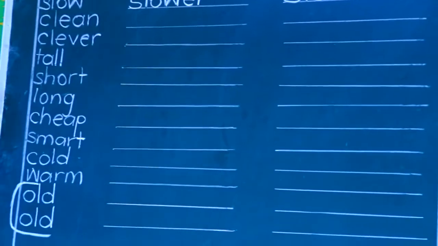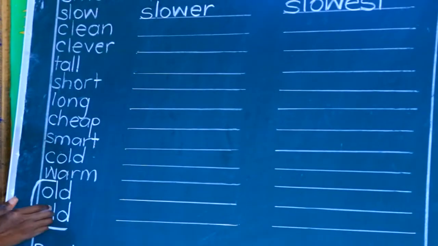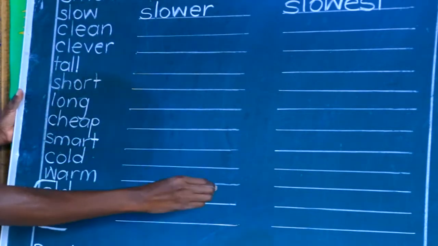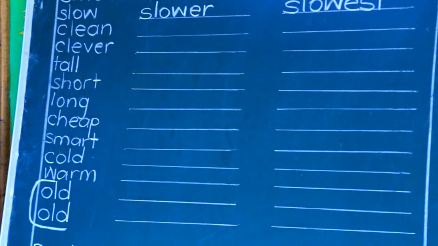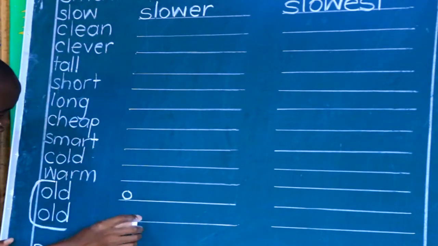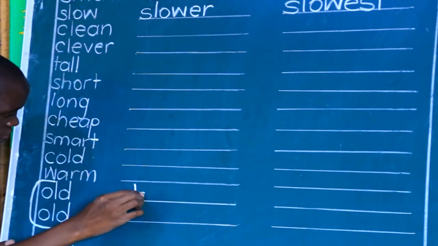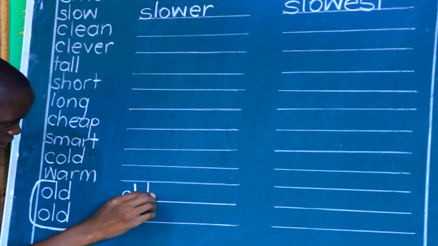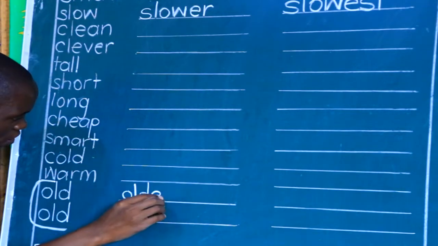Let's once again move together with a comparative of old. Old has been repeated for one reason. It has two comparative degrees, and it has two superlative degrees. Let's look at them. We have its comparative first. Old can change to older, just like I showed you in small. Old, finished, add ER, and we form the word older.